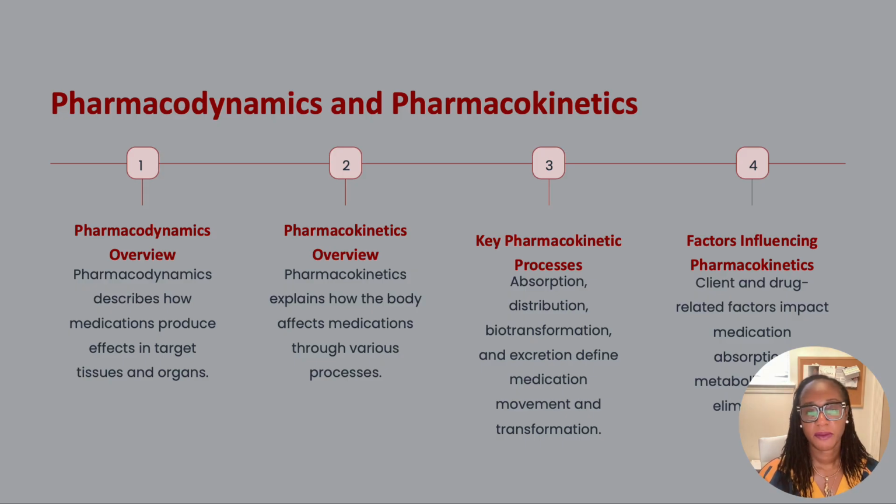And pharmacodynamics, as I mentioned, explains how the medication affects the body. Then factors influencing pharmacokinetics are related to factors impacting medication absorption, metabolism, and elimination. Hopefully I explained that properly for you.